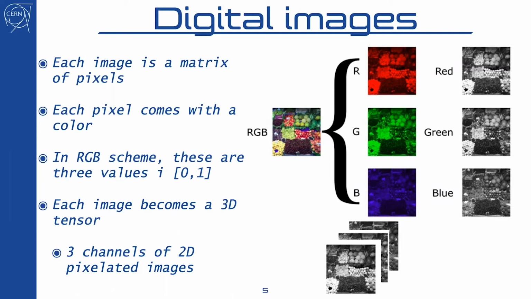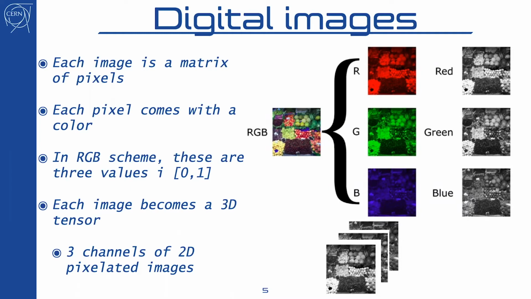So you can represent a two-dimensional image as a three-dimensional tensor filled with numbers between 0 and 1, which is the amount of that kind of color. And doing so, typically we talk about the last dimension, which is the RGB dimension, as a channel.